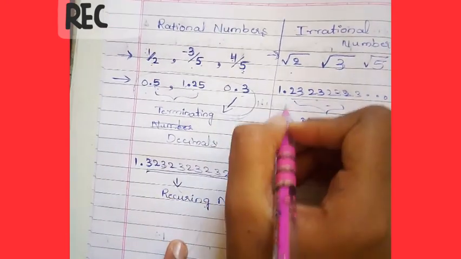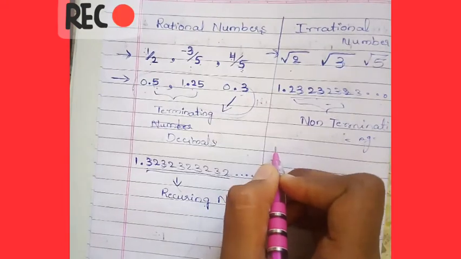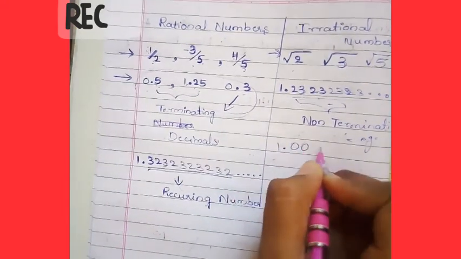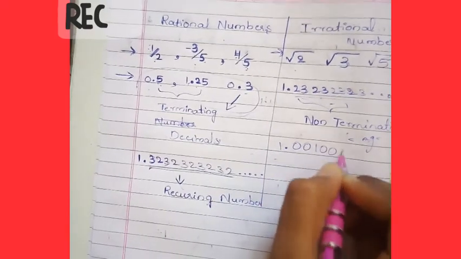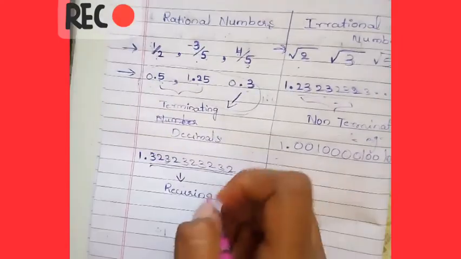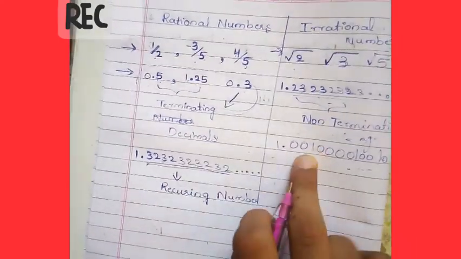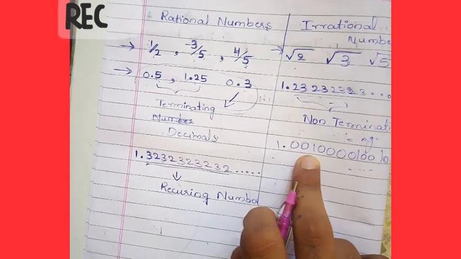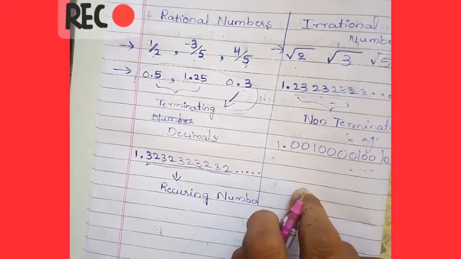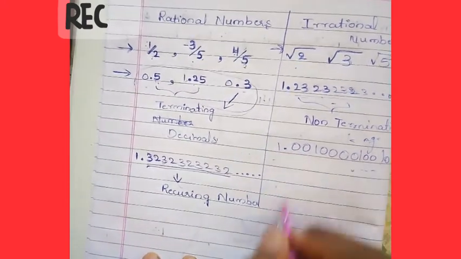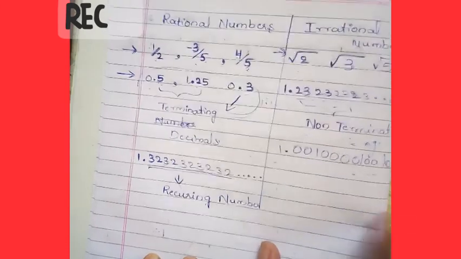Now let's take another example, that is 1.00 10000100100 and so on. Is this a rational number or irrational number? This is an irrational number because these are non-terminating numbers and non-recurring numbers.